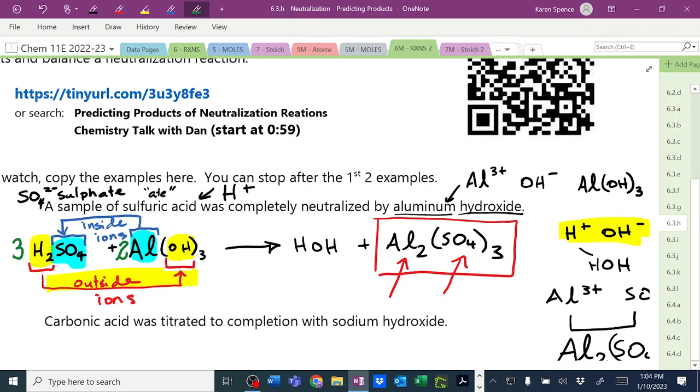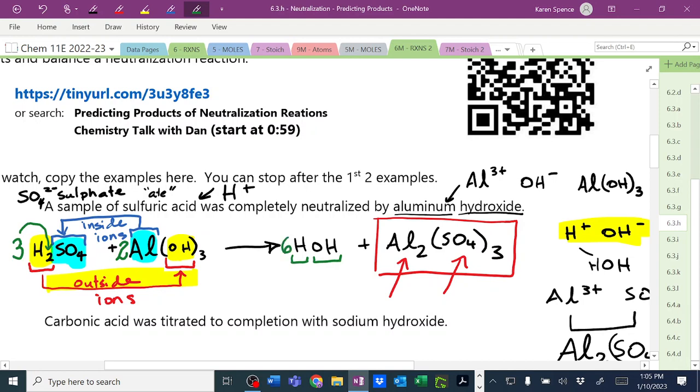And now you can either balance the H or you can balance the OH, and it won't matter. Whichever one you choose, the other one will just work out. Okay, so shall we balance the H this time? How many H's do we have on the left-hand side? We have not just 2, we have 3 times 2, which is 6.